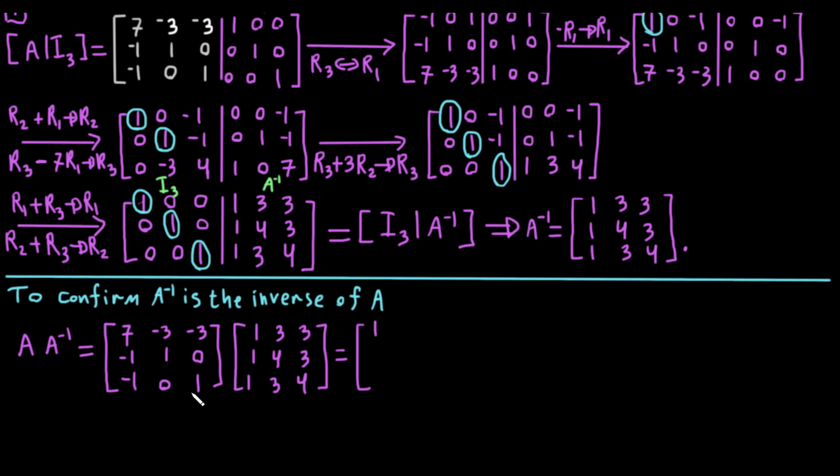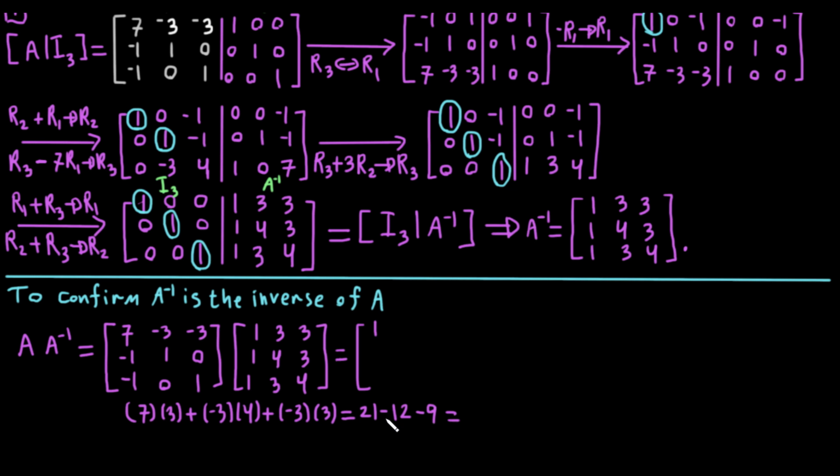So 7 multiplied by 3 plus -3 multiplied by 4 plus -3 multiplied by 3 equal 7 multiplied by 3, which is 21, -3 multiplied by 4, which is -12, -3 multiplied by 3, which is -9.